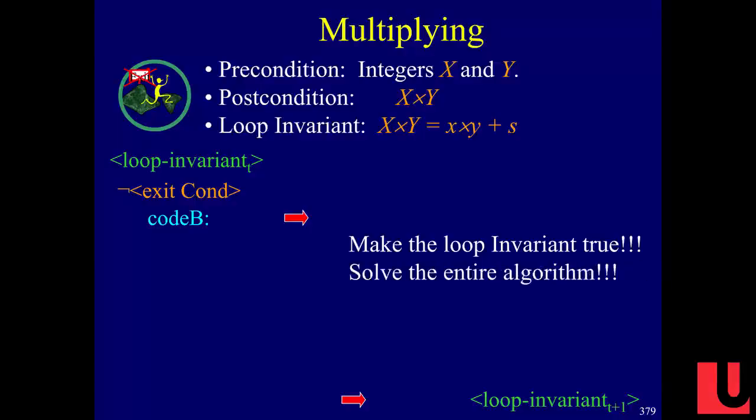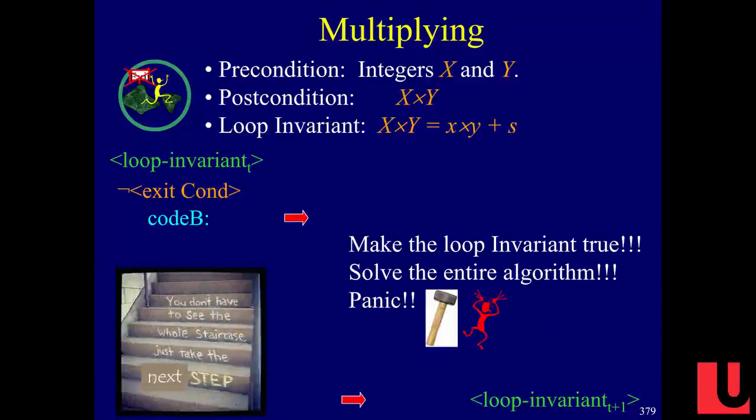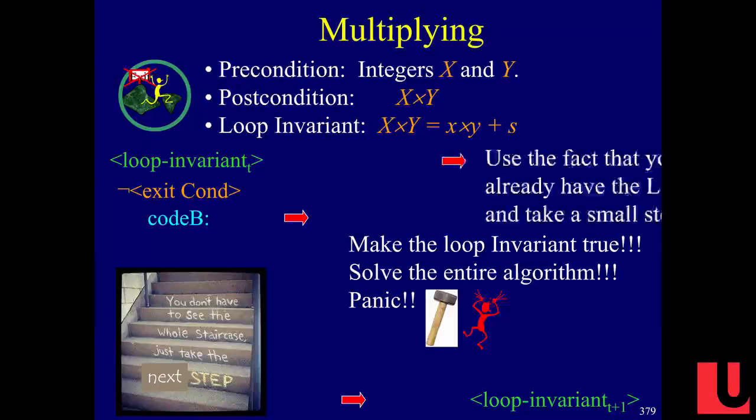So what are people trying to do? They're trying to get the loop invariant all by themselves, and they're trying to understand the whole algorithm by themselves, and they panic. We don't want to panic. We don't want to do brute force. Instead, we do one step at a time. What does that mean?